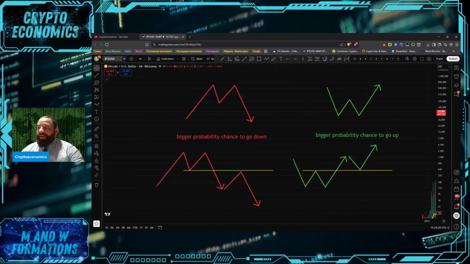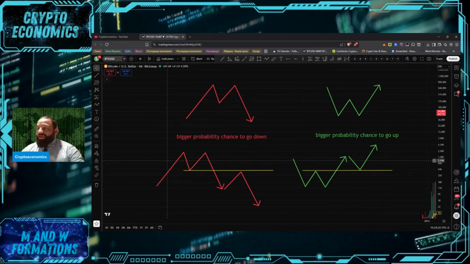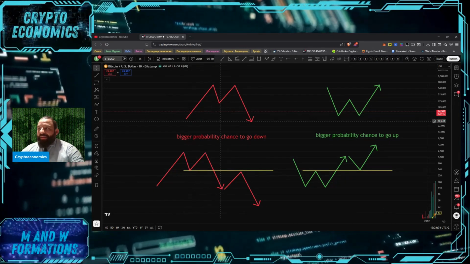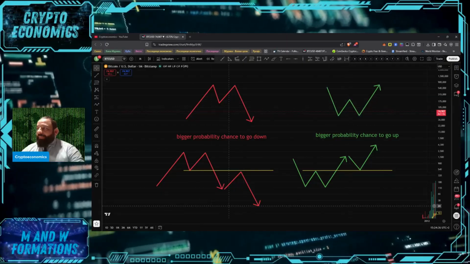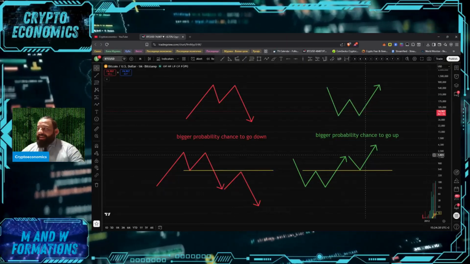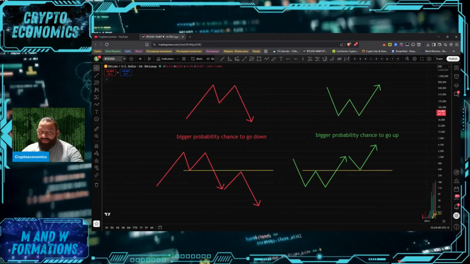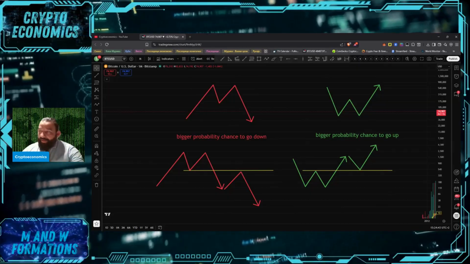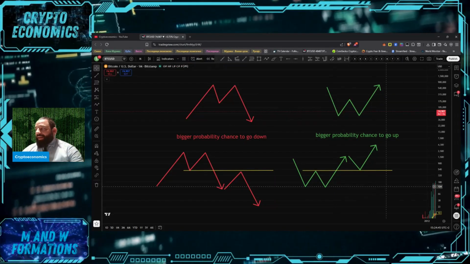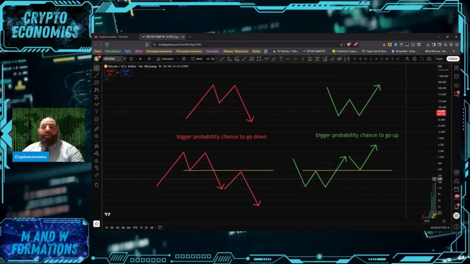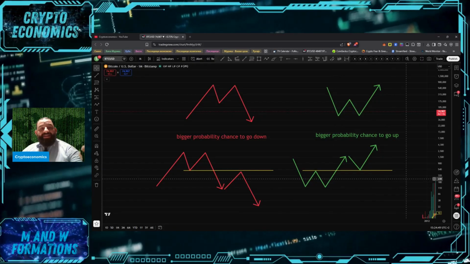Now, usually these M and W formations are later confirmed by the middle point of the M and W, where usually the price retests before going one way or the other. Again, there is no formation or indicator that is absolute. There is no 100% chance that something will happen.